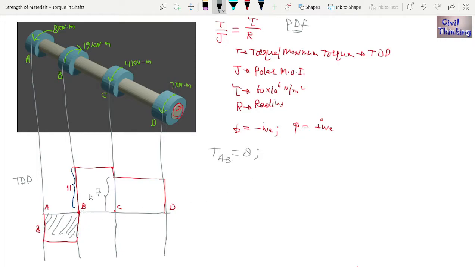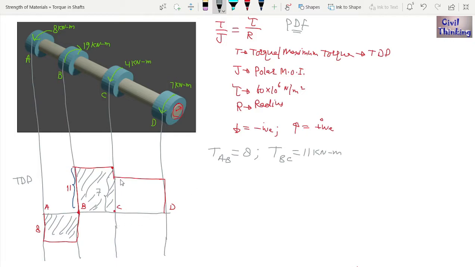Now in BC, this is the diagram, right? What is the height or depth of this BC? It is 11. It means torque in BC is 11. What 11 what? Kilonewton meter, right? Kilonewton meter, keep in mind.